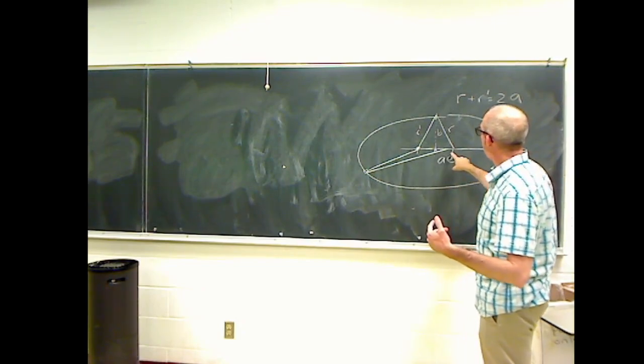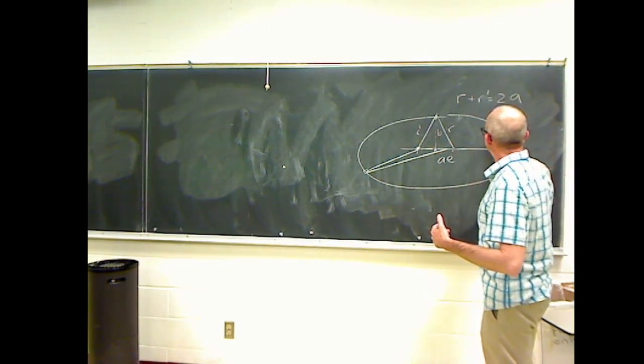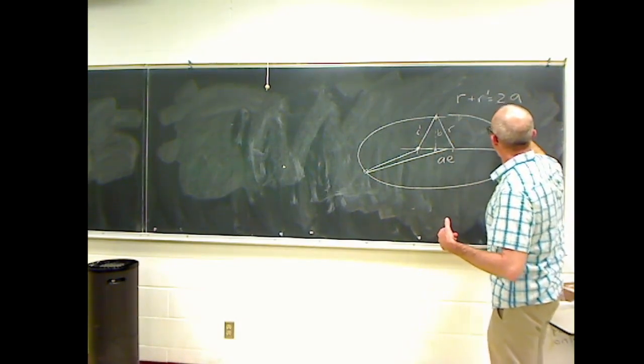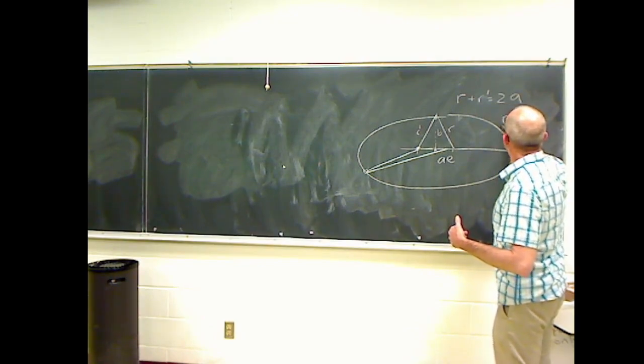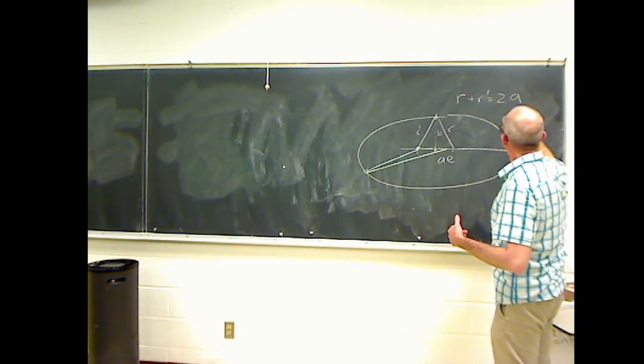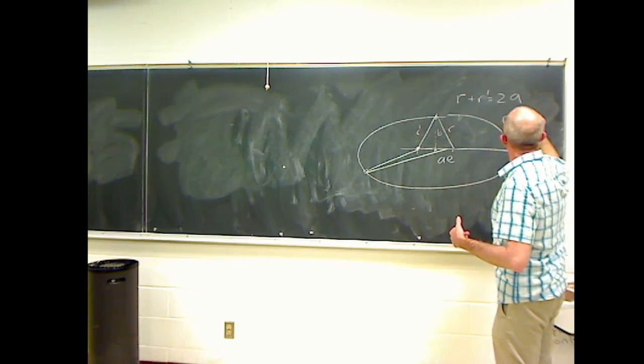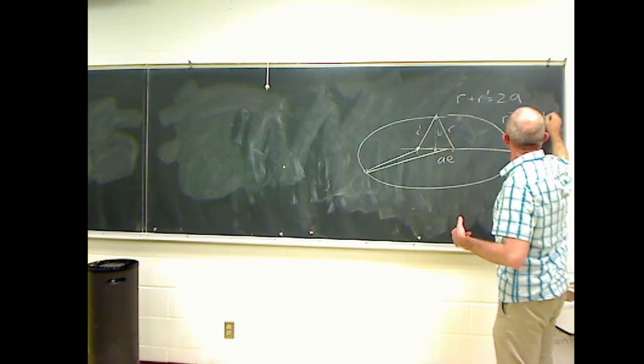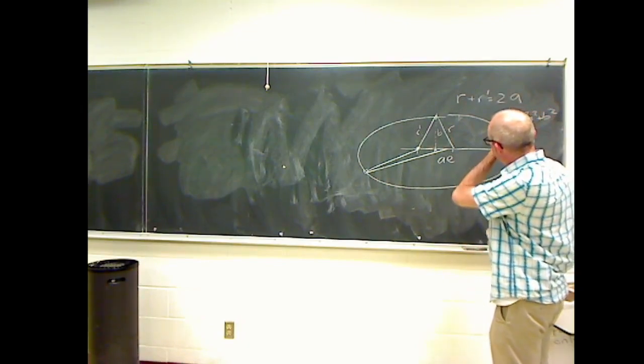So the horizontal leg is AE, so the long leg is R, so R squared equals A squared E squared plus B squared.